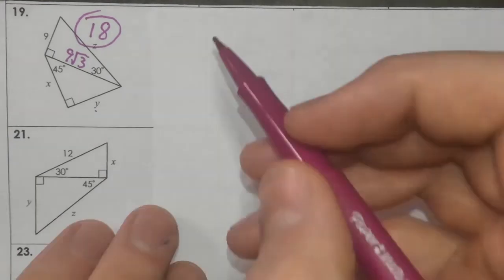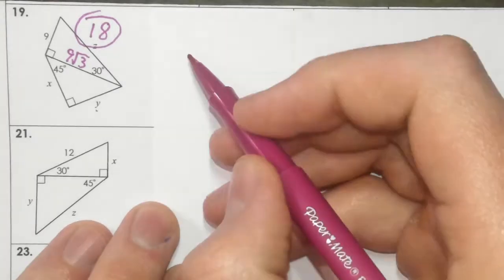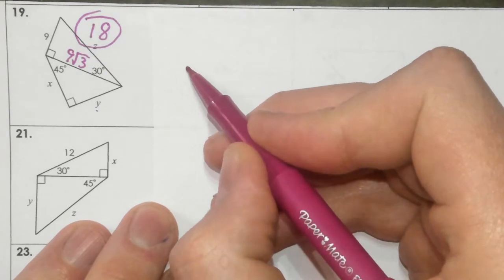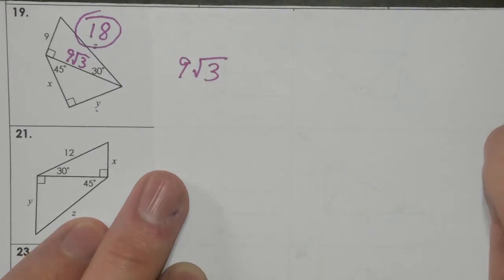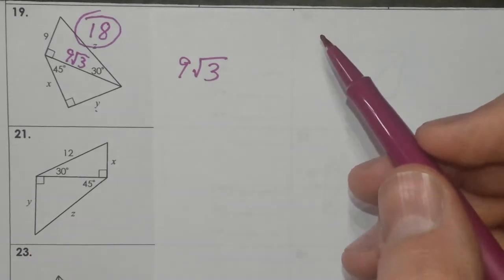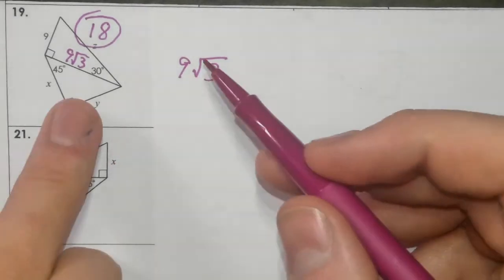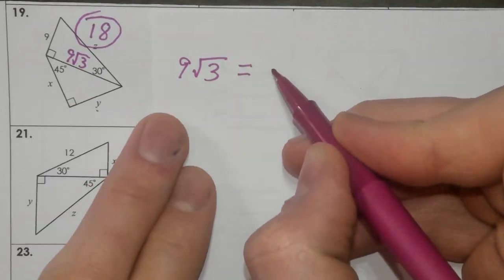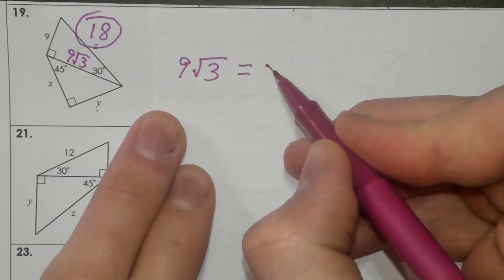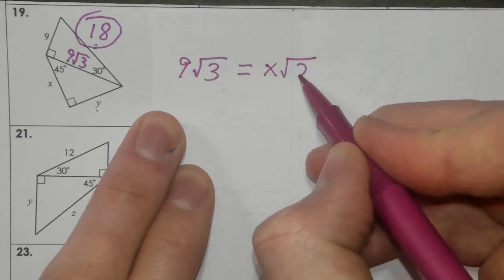So I had to do that in order to find these last two sides. Now, if you remember from a previous video, we can think of 9 square root of 3 as the hypotenuse. The hypotenuse of a 45, 45, 90 is written in the form x square root of 2.